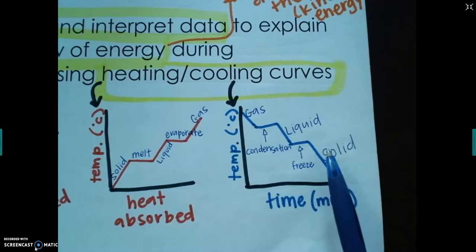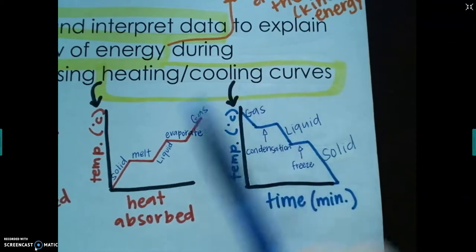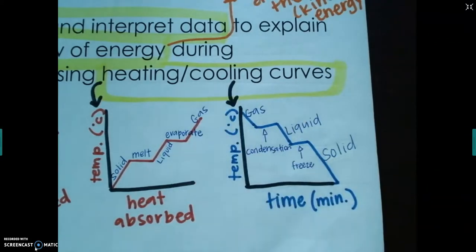Again, we will dig more into the analysis of these kinds of curves, but I want you to have a point of reference to look at in the event that you can't remember where a particular state of matter or phase change occurs. So let's look at our overall standard one more time.